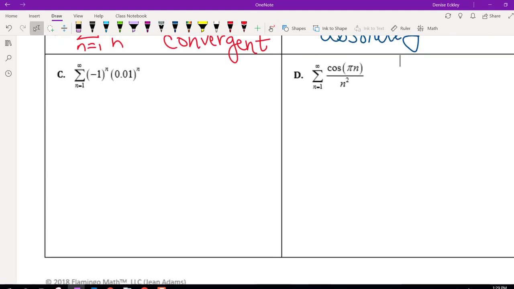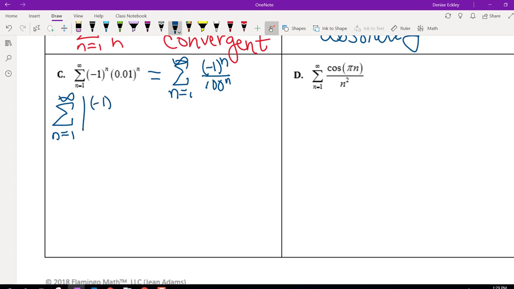All right, next example. If you want, it might be easier to write this in terms of a fraction to see what you're looking at here. Now, if you notice something special about this, if we take the absolute value of this, and again, I'm checking for absolute convergence first, because if it converges absolutely, it is going to converge altogether.